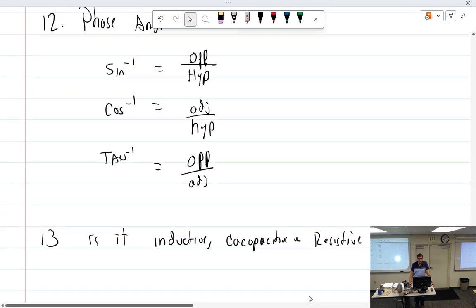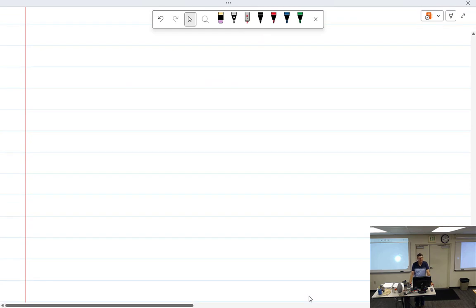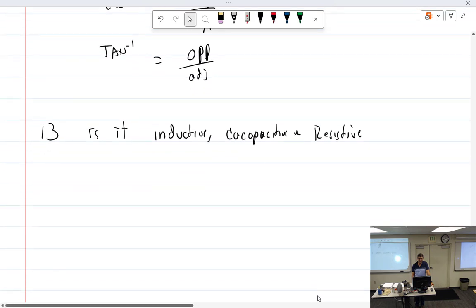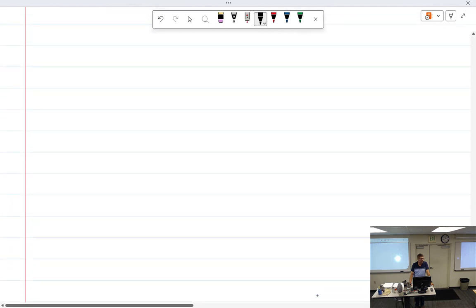Actually, let's just get rid of resistive, because I think it's more a question of whether it is inductive or capacitive. I don't want to confuse anybody. You're going with the X of T.